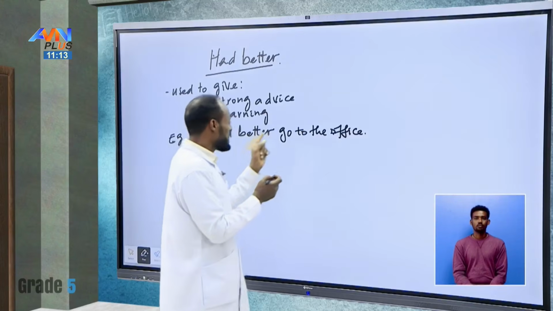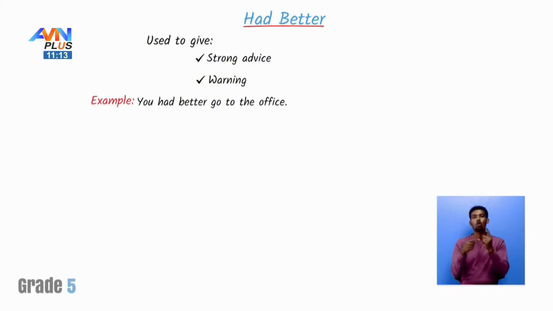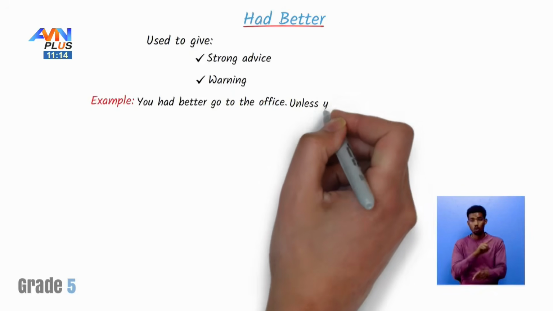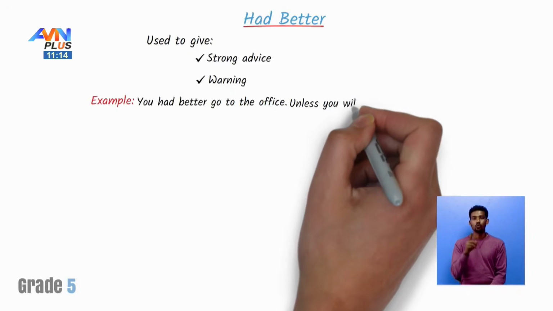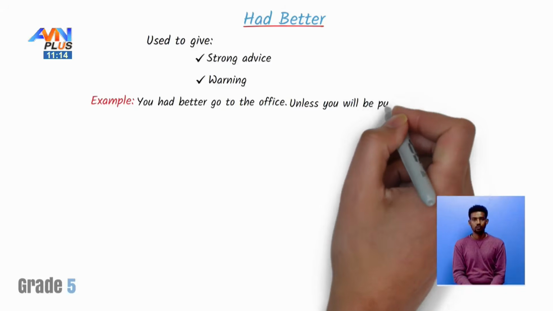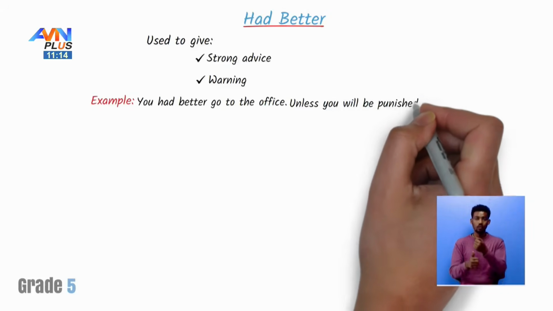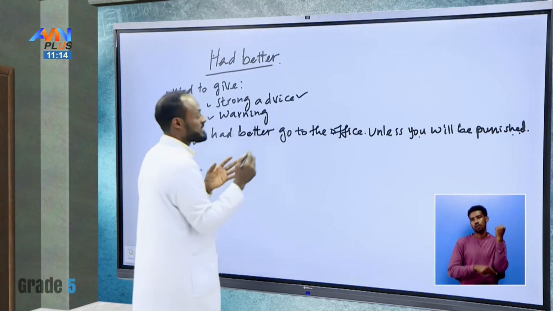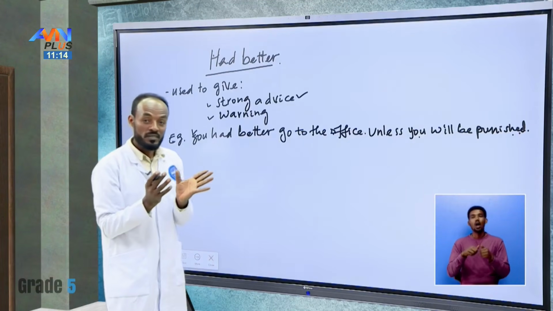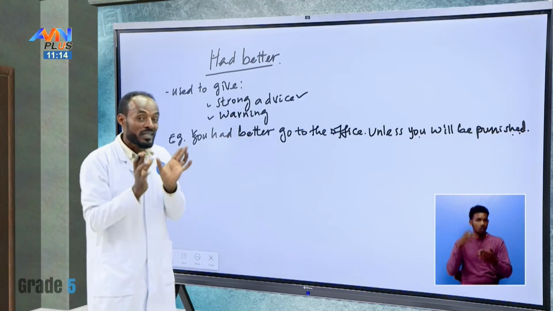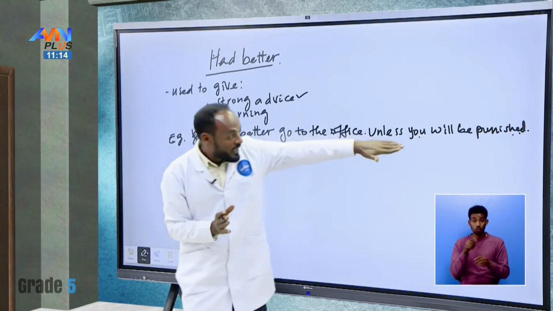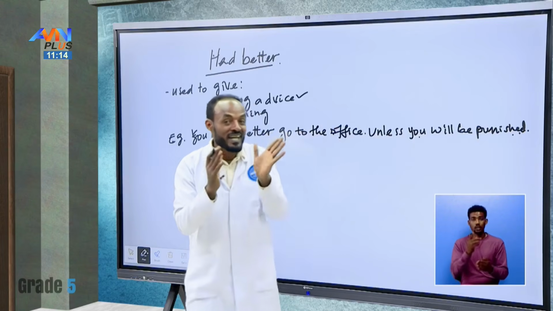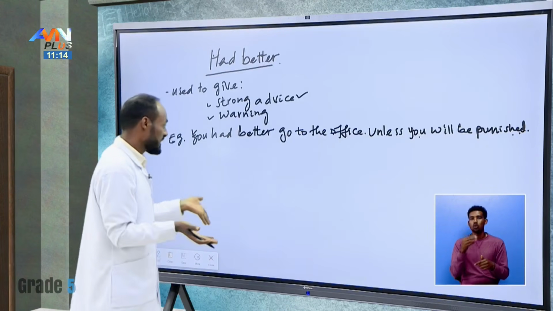Here, you had better go to the office, or if not, you will be punished. Here is the risk. Okay? Because that is a strong advice. This means, in other ways, obligation. If you don't do it, something will happen. Maybe something which is not good for you. Okay?